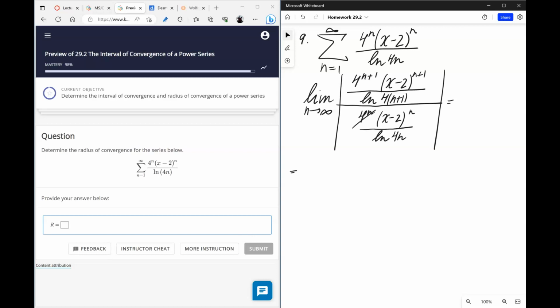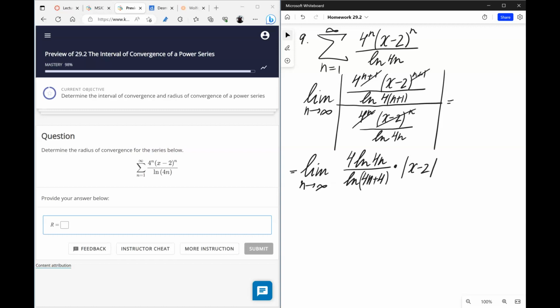Simplifying, this cancels, so this cancels. We have limit as n goes to infinity of 4 ln of 4n over ln of 4n plus 4 times absolute value of x minus 2, which is outside of the limit.